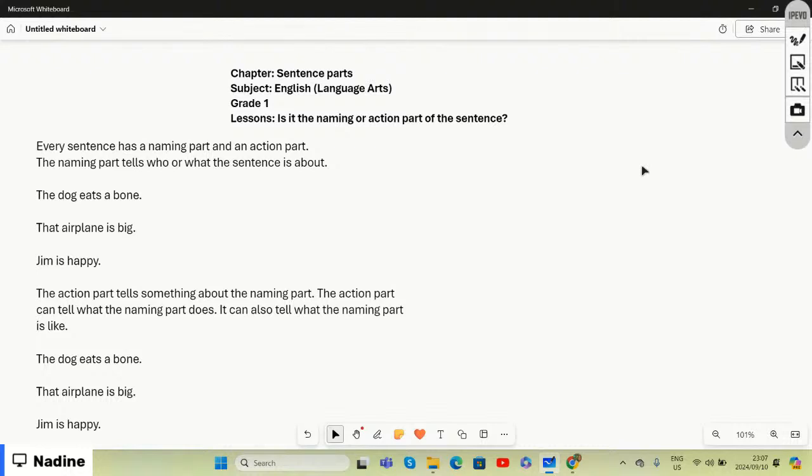Can be a person, can be a thing, can be an animal, right? The sentence is about that person or that thing.